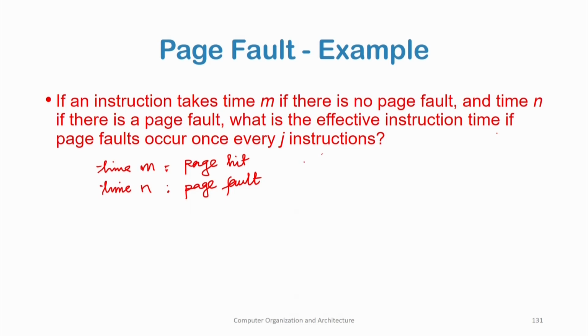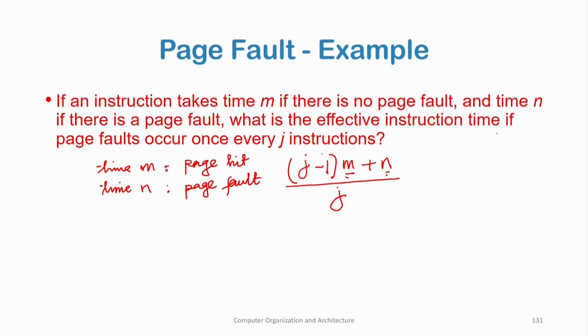So for j minus 1 instructions, the time required is m, and for one instruction the time required is n. So every j instructions, for j minus 1 instructions I take m time, and for one other instruction I take n time.